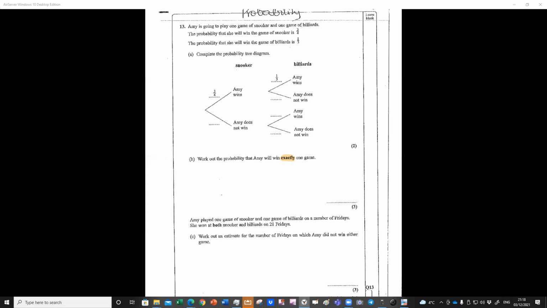Okay, anybody know exactly what it means? Okay, 'exactly one' means just one. Does it mean the same? Okay, that hit it on the head. Exactly one means it can only be one of the wins. So it says exactly one win.